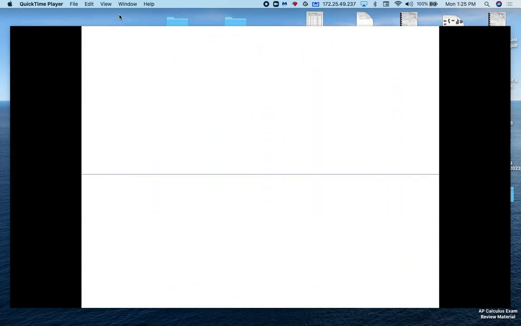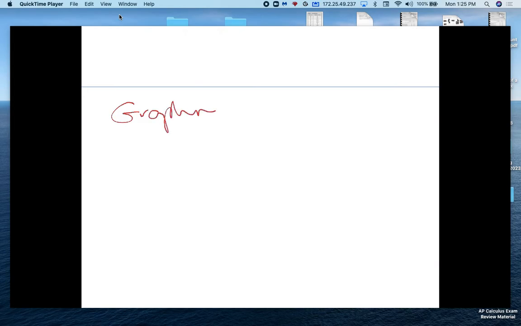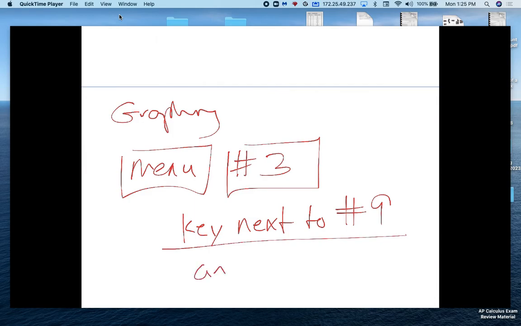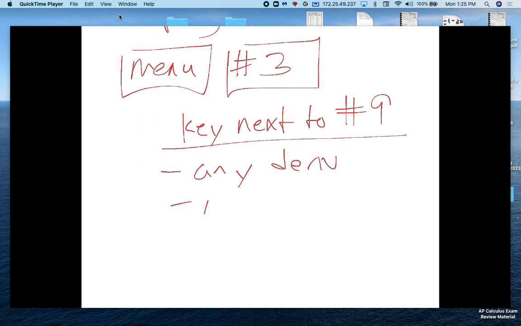You can also graph derivatives. So if you are in the graphing part, and you hit menu and go down to number 3, that's where you're going to enter a function. And then the key next to the number 9 key will get you any kind of derivative or integral.